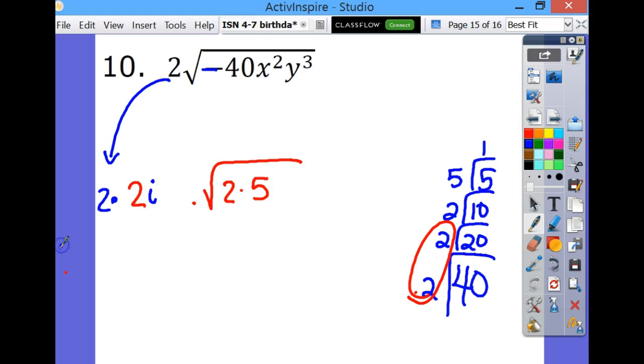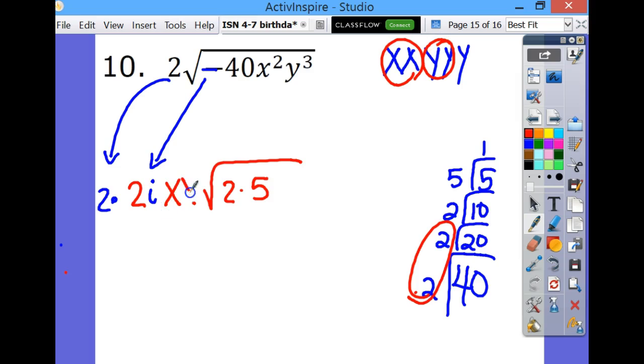So that negative sign causes an I to be in the answer. Then we have x squared y to the 3rd power. There's a pair and there's a pair. Here's a pair of x's and there's a pair of y's. And what's left over with our variables?